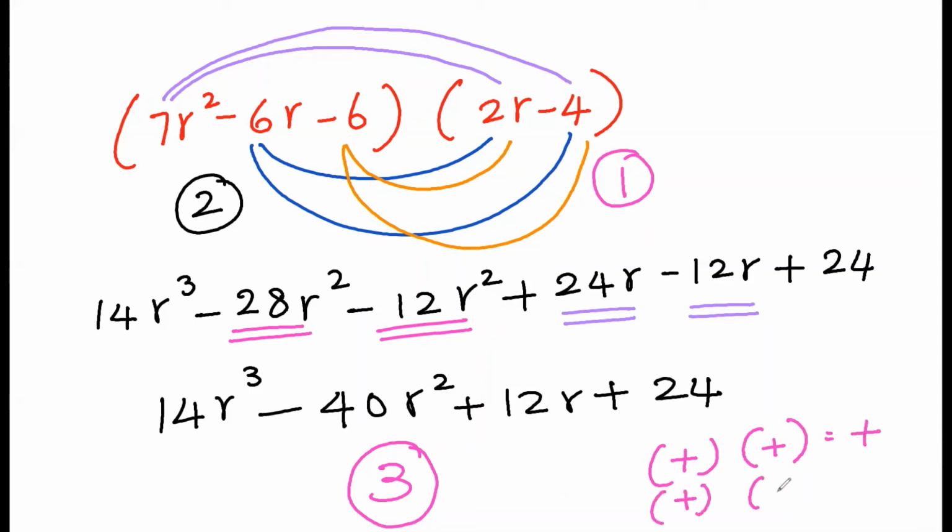Positive times negative is negative. Negative times negative is again positive. If you're clear with signs and if you multiply carefully, then multiplication of polynomials is pretty simple.